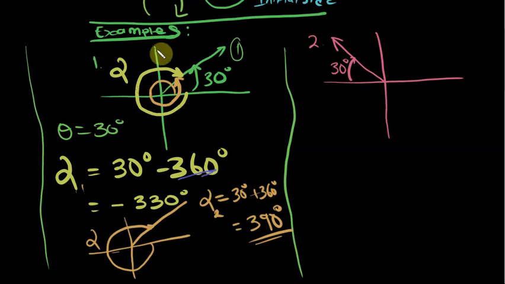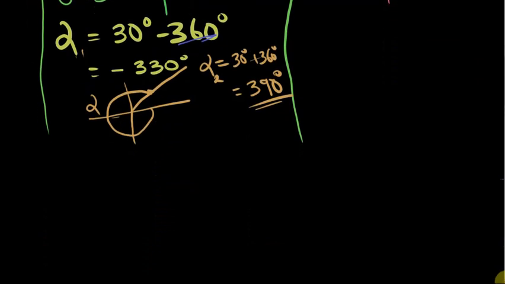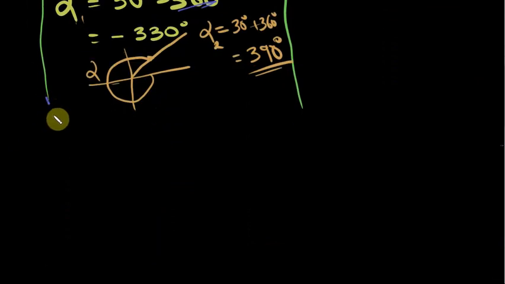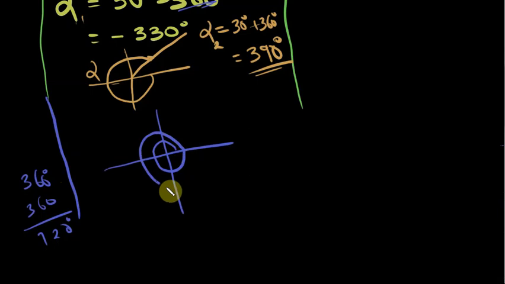Let me just sketch that. I'm sidetracking now, which is not what I'm supposed to be doing. Okay, 360 plus 360 is 720 degrees. So 720 will be something like this if we were to draw it, 360 all the way to 720.